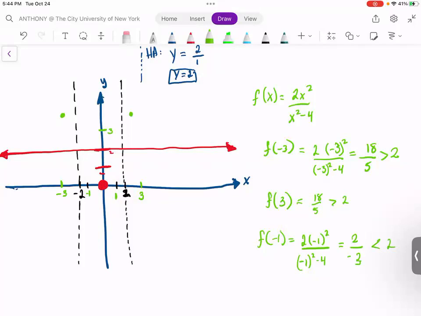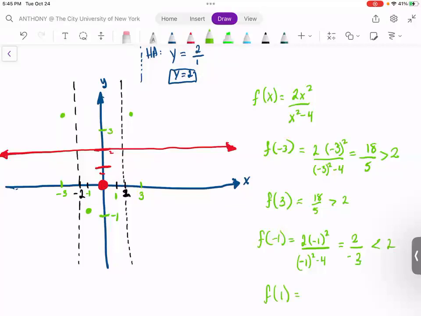So you have 2 over -3. All right. So 2 over -3 is a number that's bigger than -1. So let's say if here's -1, then you get this point somewhere here. All right. Well, what happens when I plug in +1?